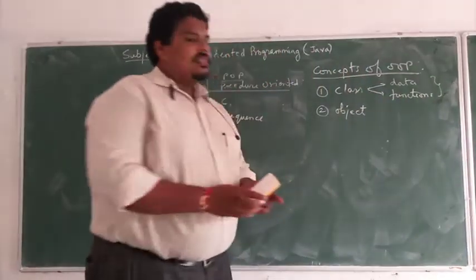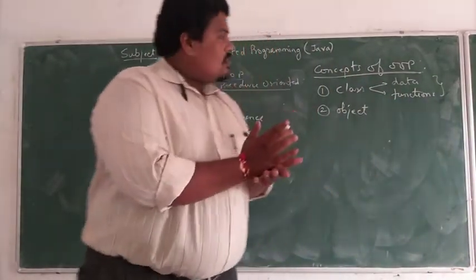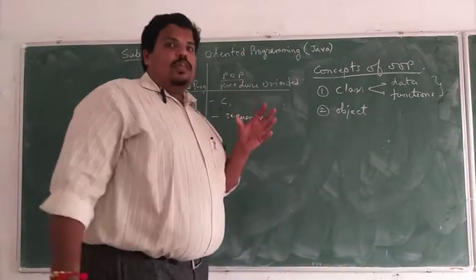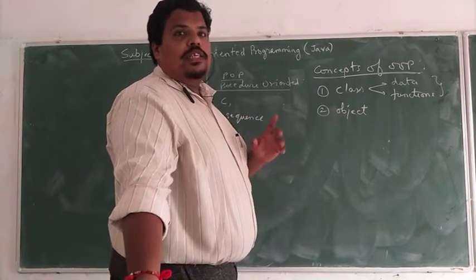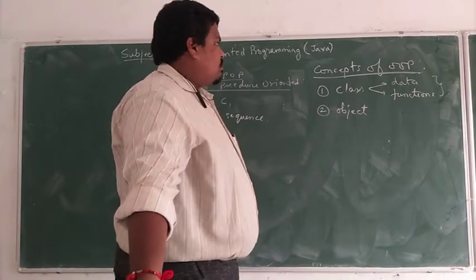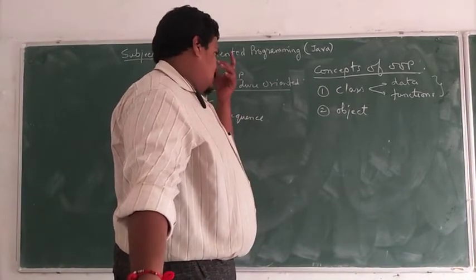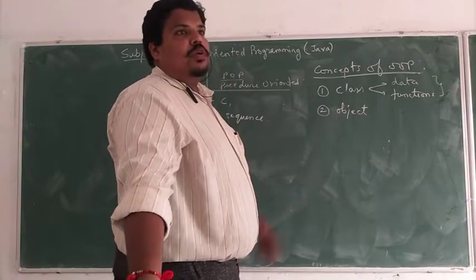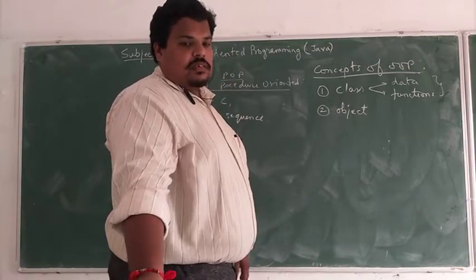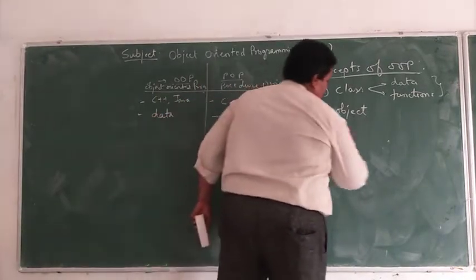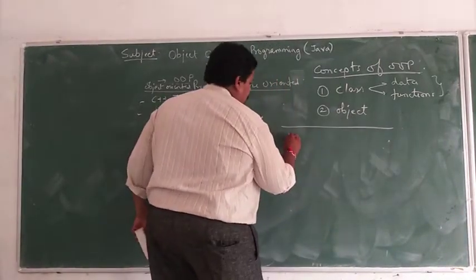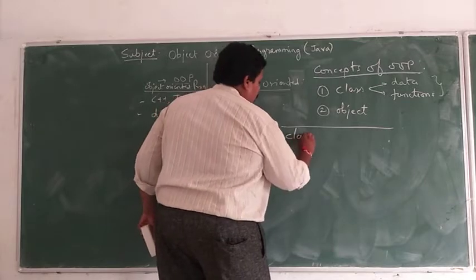Another definition is that data and functions tied together into one single unit is known as a class. It is syntactically very similar to a function in C. We can see that, for example, in the code we have just written. So this is code for a class.